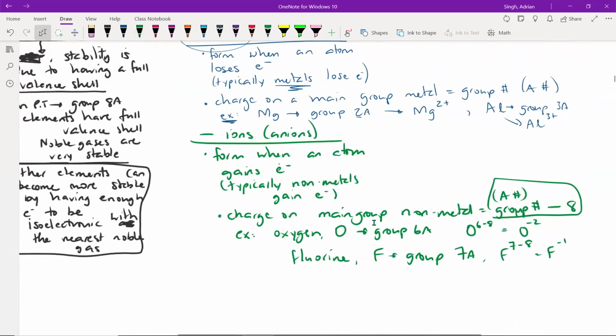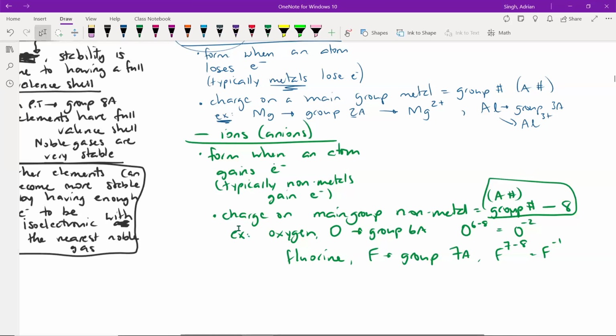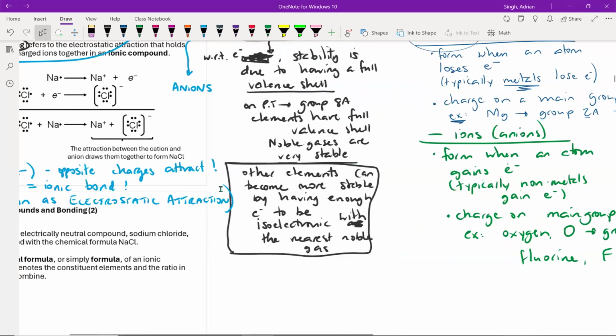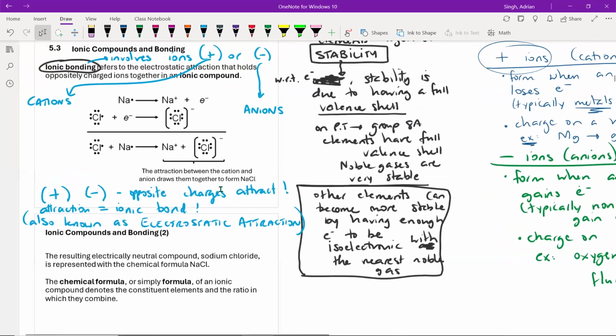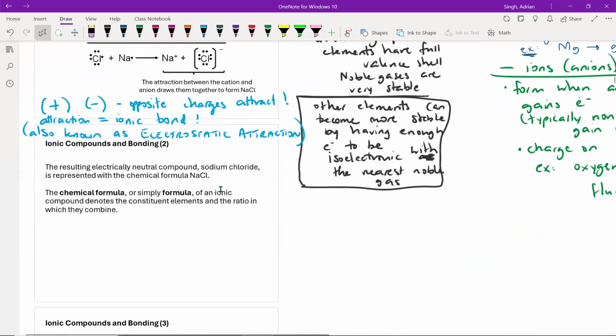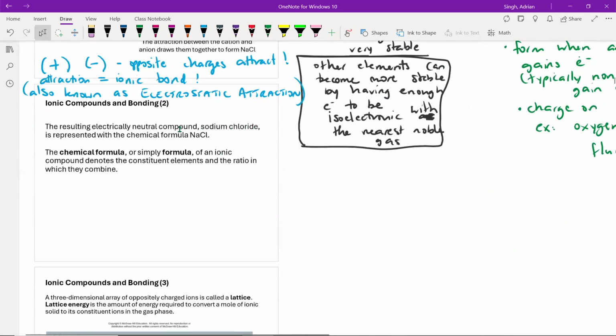So once you have positive ions, negative ions, they are going to attract each other. That is what the ionic bond is. That's all that it is. So what happens then, opposite charges attracting each other, they are going to combine to form a compound called an ionic compound. So your positive and negative charged ions will combine, will attract each other.